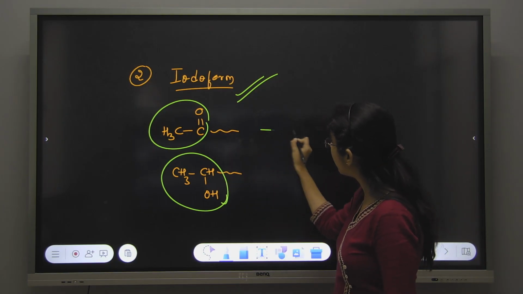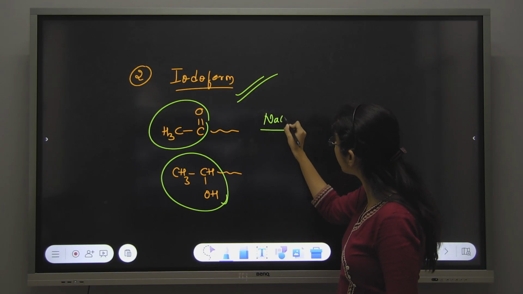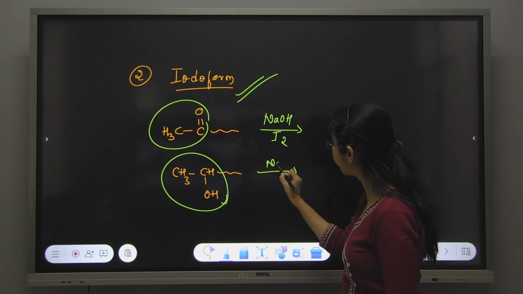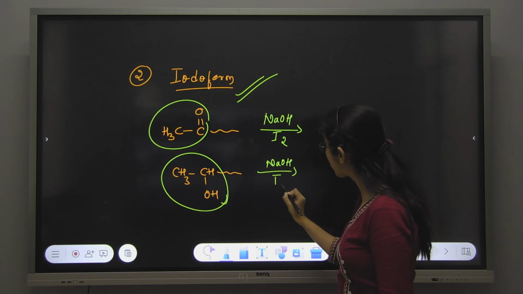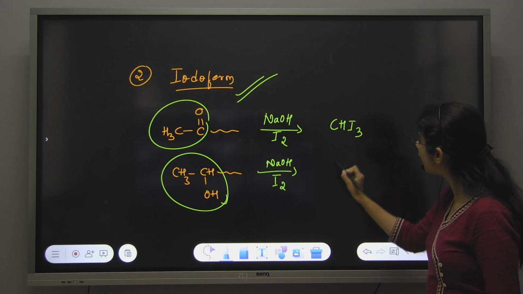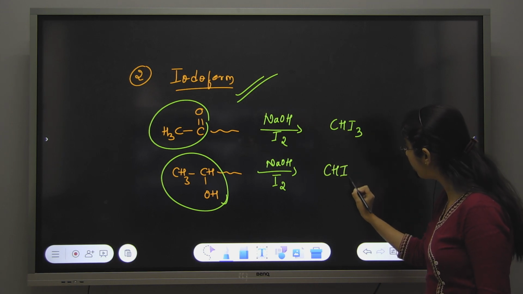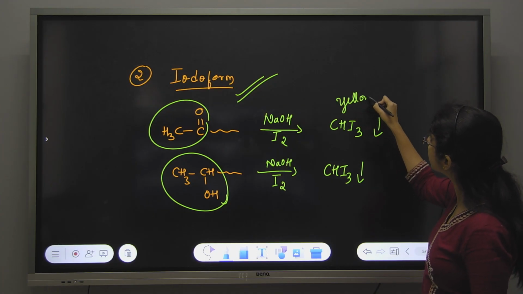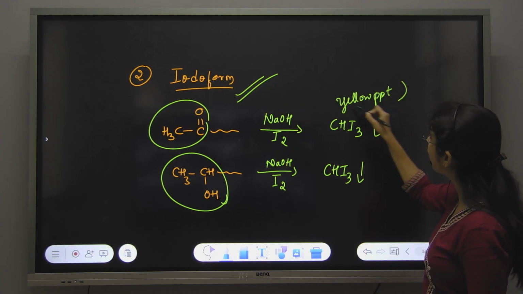These reactants will react with the reagent, sodium hydroxide and iodine, and after the reaction you will see the formation of iodoform, which is a yellow precipitate.